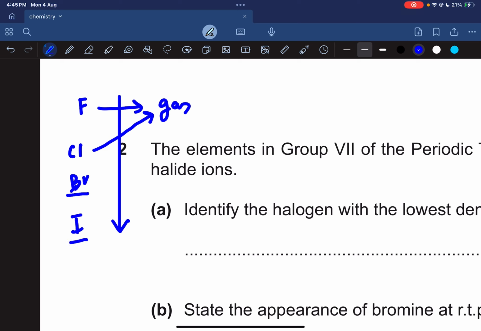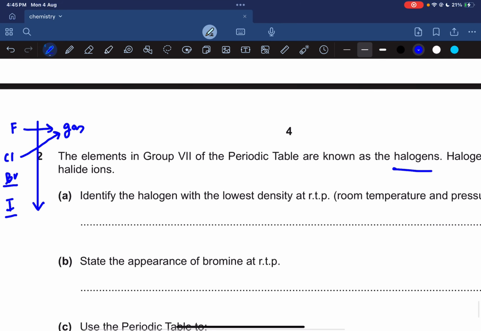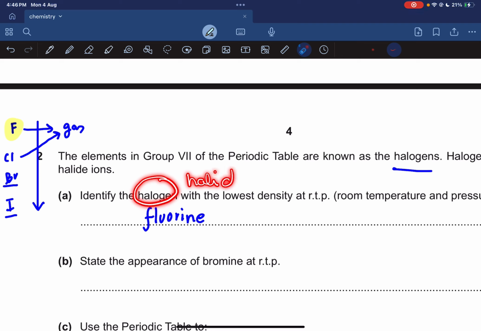So as you go down the group, density increases, and the halogen with the lowest density is going to be your top halogen. Because we have to identify the halogen, not the ion, we write fluorine. But if they said halide, meaning the halogen ion, we would write fluoride. Fluoride is the ion, and fluorine is the name of the halogen.